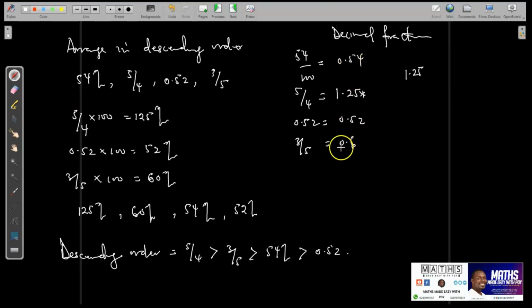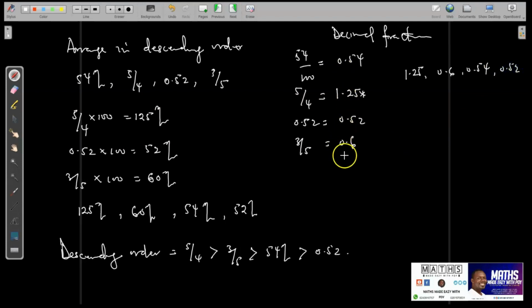Then you have to come to 0.6. So 0.6 will be the next value, which is larger. Then coming to 0.5, the next unit is 4 here and 2 there. So 0.54 will be the next, and then finally 0.52.